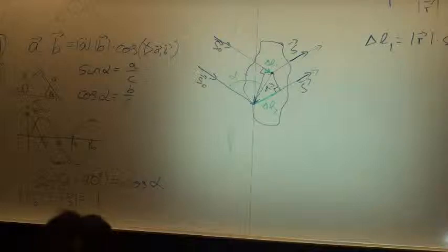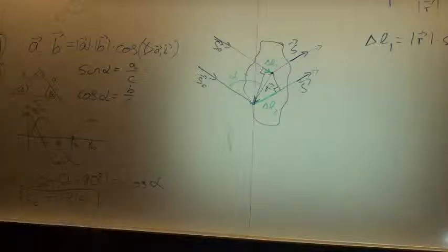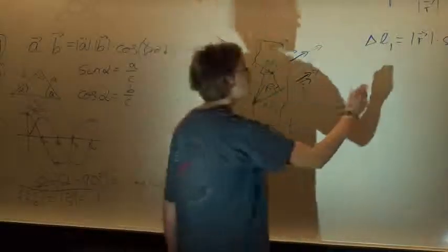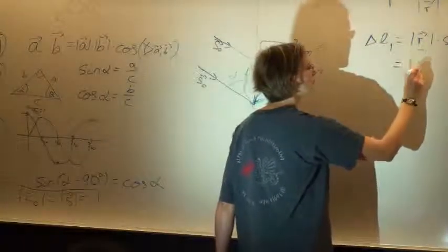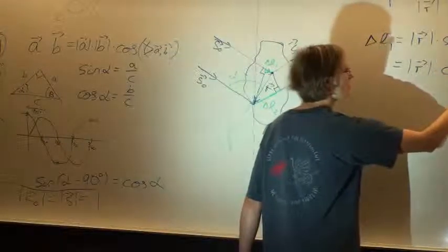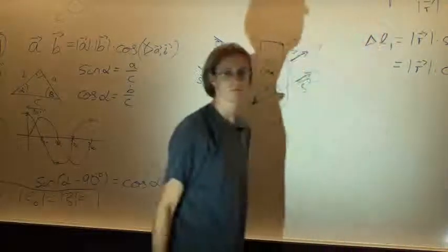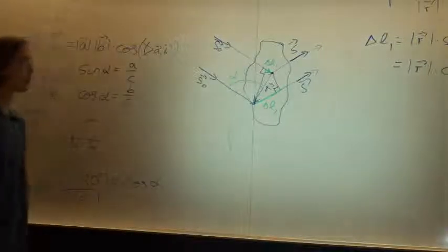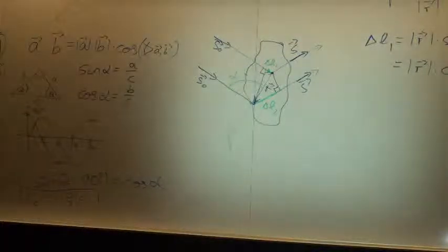Which rule should we use? Rule number 3? Sounds like a plan? So it's R times the cosine of alpha. All right. Still doesn't really look a lot better, right? Unless you know where you're going.